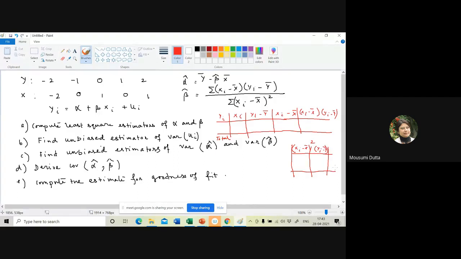What is the value of x bar? And the value of y bar? Yes, both are 0. Ma'am, x bar and y bar both are 0. Very good. Then your work becomes very simple. So yi minus y bar will be exactly equal to yi, and xi minus x bar will be exactly equal to xi.